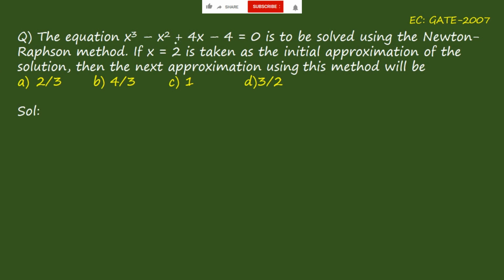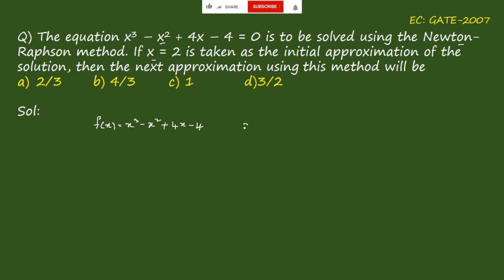They have given an equation, so f of x is equal to x cubed minus x squared plus 4x minus 4. Again, they are saying it is to be used in the Newton-Raphson method, and the initial value is given as x is equal to 2.